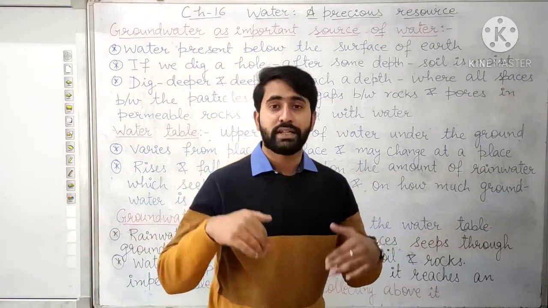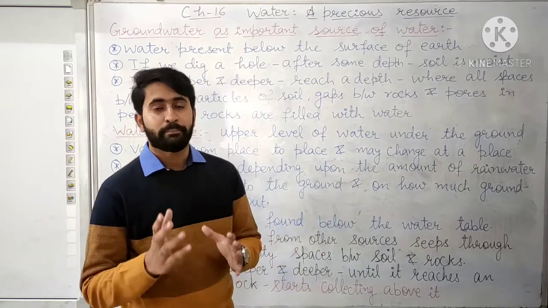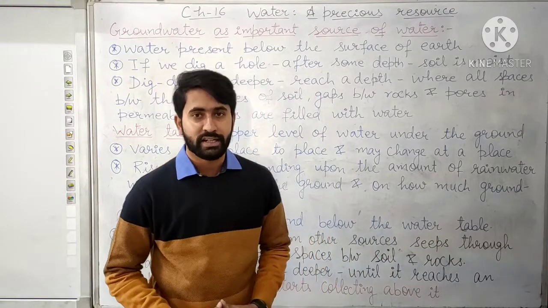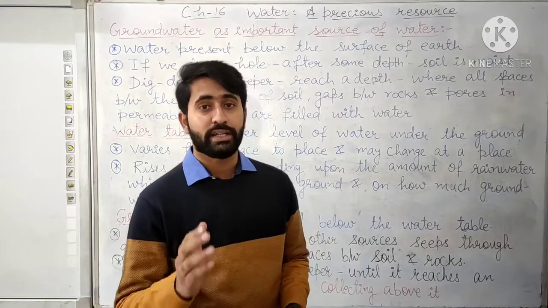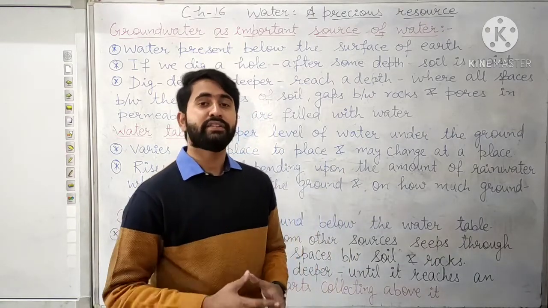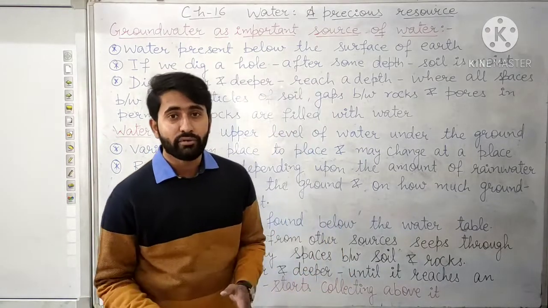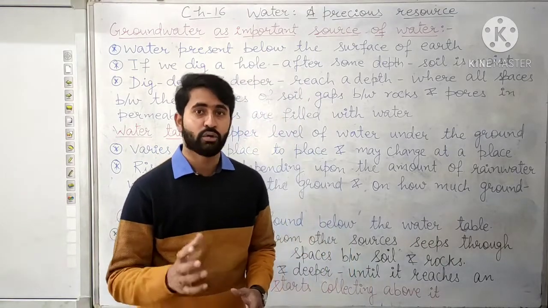How deep we have to dig below the ground to obtain water depends upon the water table of that place. If the water table at a place is high, then we have to dig less to obtain the groundwater. And if the water table at a place is low, then we have to dig deep into the ground to obtain the groundwater.